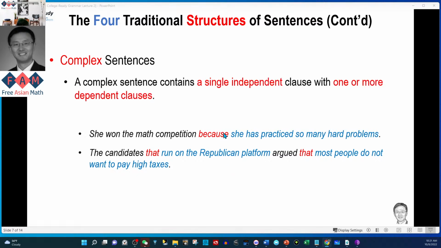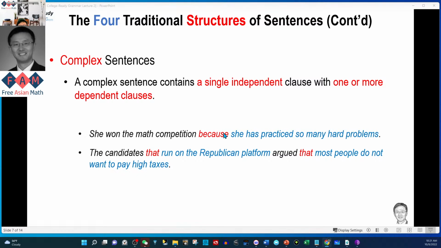The definition is quite simple. A complex sentence contains a single independent clause. Look, we say a single independent clause with one or more dependent clauses. Now, that logically makes much better sense, right? You have one independent clause, which, by the way, we sometimes call the main clause.